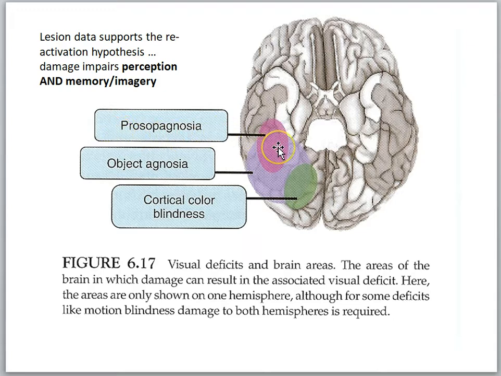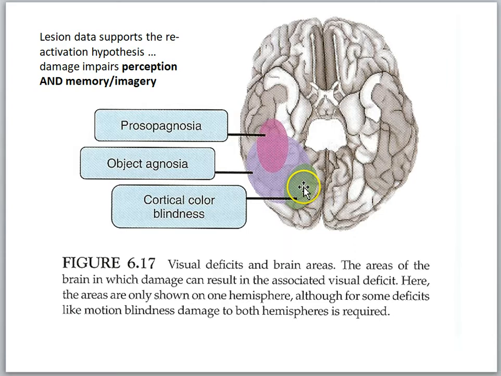Now here's the important point. If the reactivation hypothesis is true, and these bits of brain tissue are involved in perceiving some visual aspect of the world, but they're also involved in storing memories for those aspects, then damage should interfere with both perception and imagery and memory. And in fact, people who have damage to this region of the brain report that they can't see colors. They also cannot imagine colors.